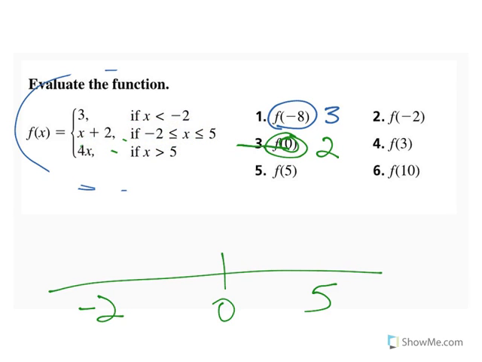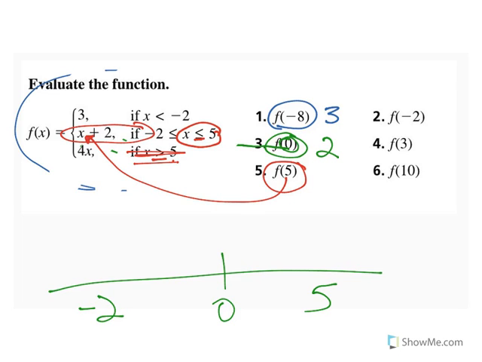So now we need to look at where f of x is 5. x is 5. Okay? Well, this one says that x is greater than 5, not or equal to, so it's not that one. Notice this one is x is less than or equal to 5, so therefore we're going to put our 5 into that x. And so 5 plus 2 would be 7.